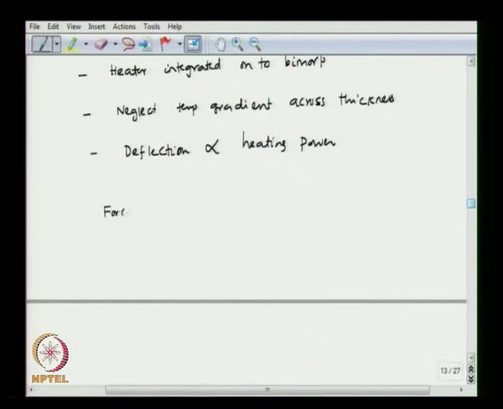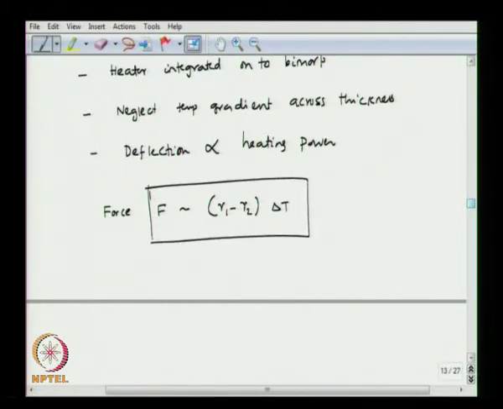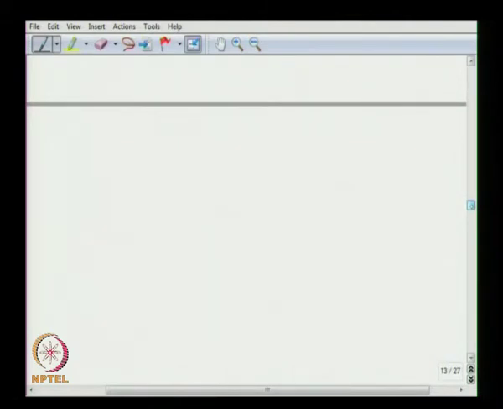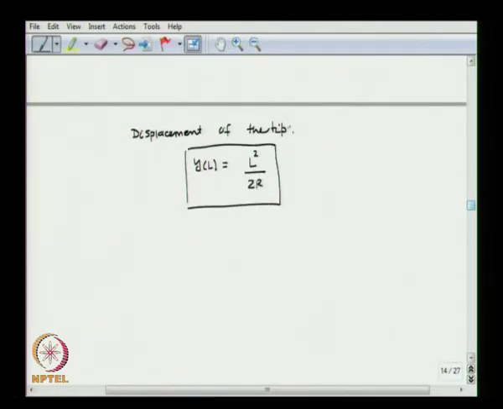The force that develops at the tip, F, will be proportional to gamma 1 minus gamma 2 into delta T. And the displacement at the tip, YL, is going to be L square over 2R, where L is the length of the bimorph and R is the radius of curvature.